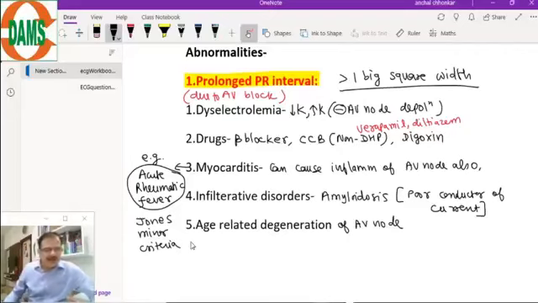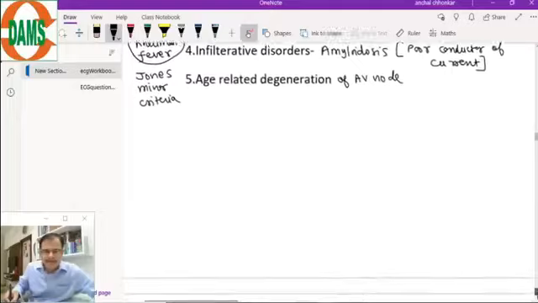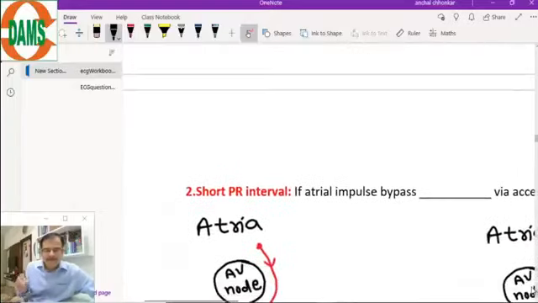Now come to the second abnormality, and second abnormality is PR interval gets reduced or shortens. So number 2 abnormality, short PR interval.